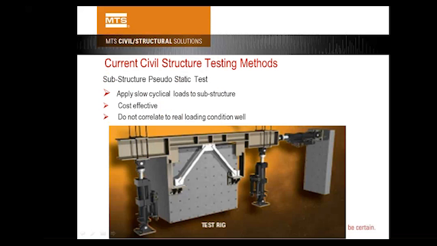This kind of slow substructure test is very cost effective. You only test a substructure, so the specimen is not expensive, and you have your slow actuators and some simple fixtures. It doesn't take as much to do this kind of test.